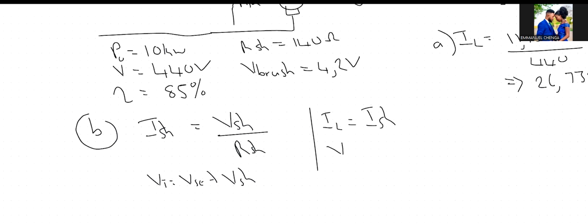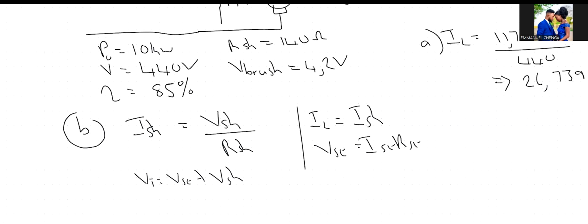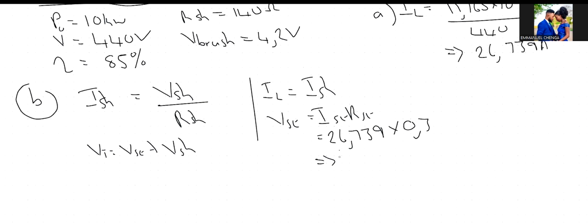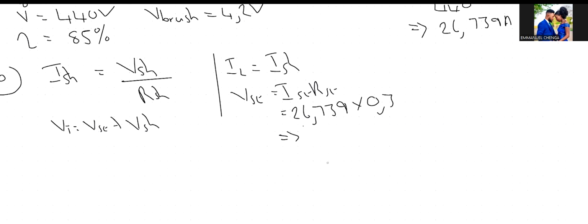It's going to be I series multiplied by R series, which is the same as 26,739 multiplied by R series, which is 0,3. Hence, you can find your V series, which is 8,022 volts.